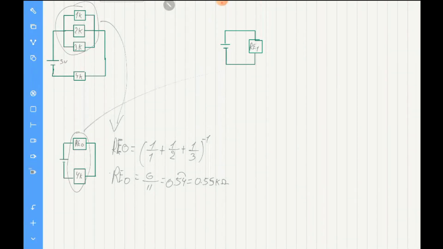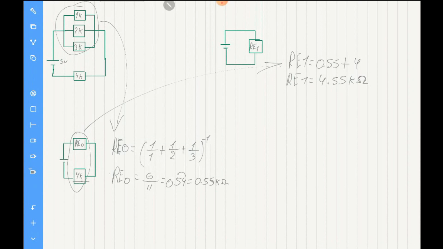For that, it's very easy, we just need to add: RE1 is equal to 0.55 plus R4, which is equal to 4, so it is equal to 4.55 kilo ohm, of course.